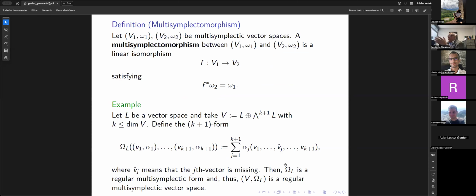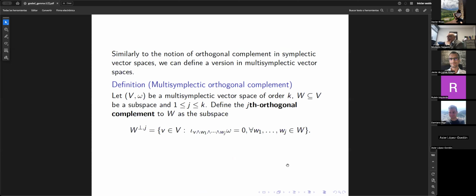Of course, we have the notion of multisymplectomorphism. It is the same notion as in the case of symplectic vector spaces, and we can even obtain some result that says if you are in these conditions, then your multisymplectic vector space is multisymplectomorphic to these models. But I will skip these things here.